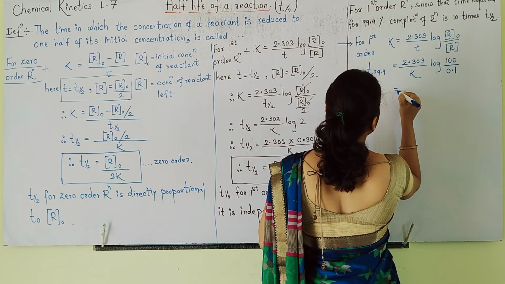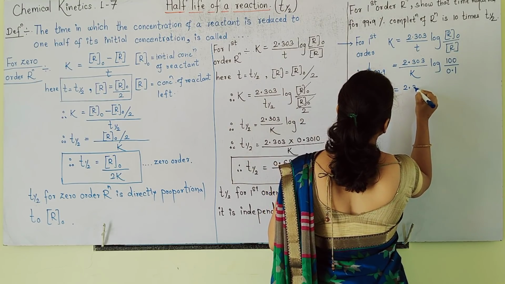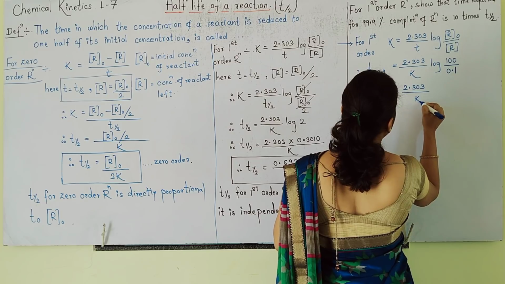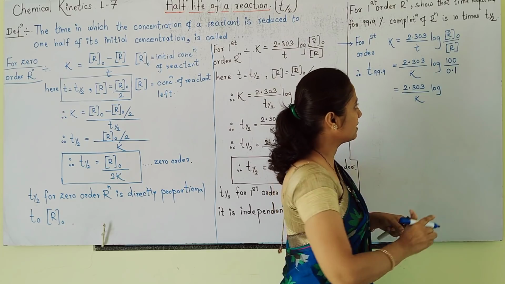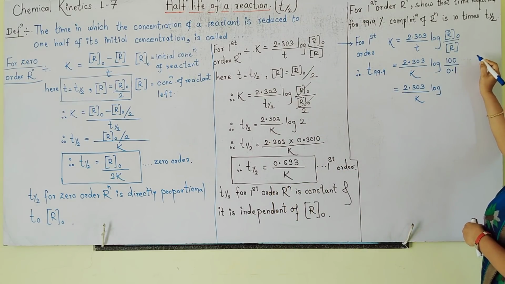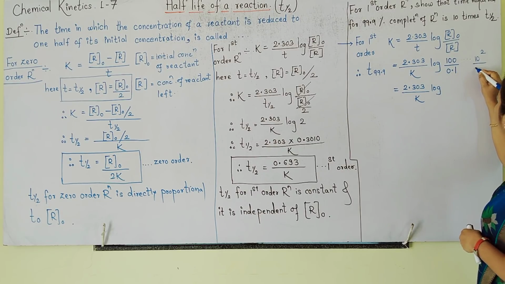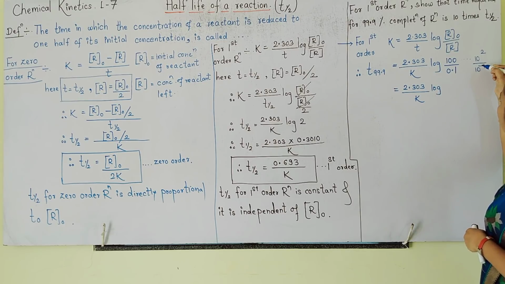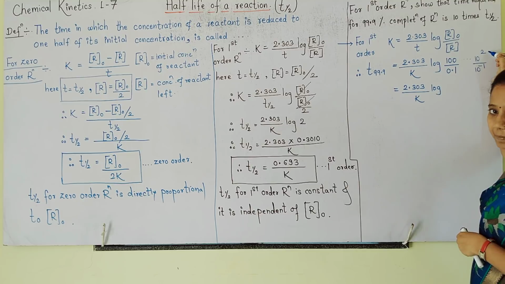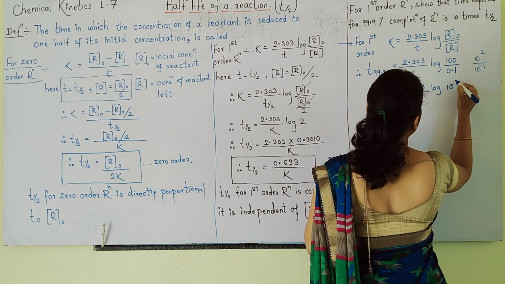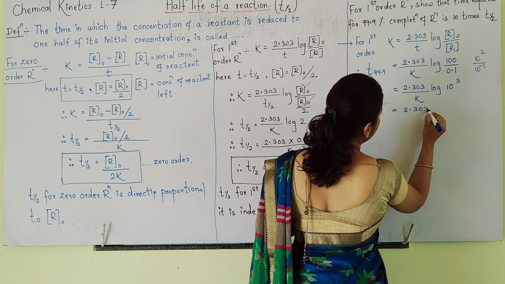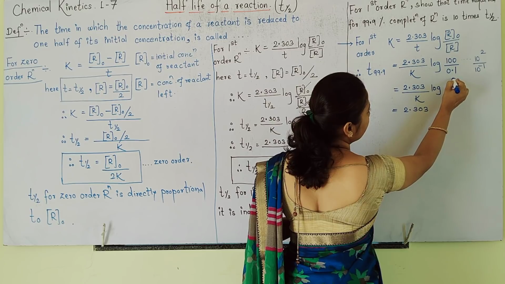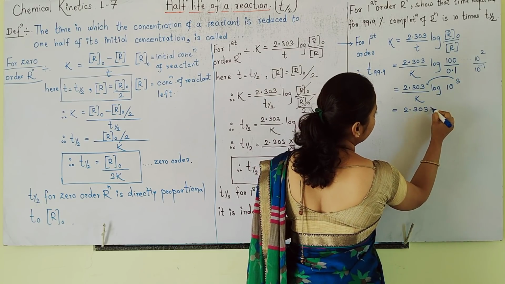So, log of 100 by 0.1. For 100 I can write 10 to the power 2, and 0.1 we can write as 10 to the power minus 1. Minus 1 will go upside and become plus 1, so it is log of 10 to the power 3. So 2.303 by K, and the 3 comes out: 3 log 10.